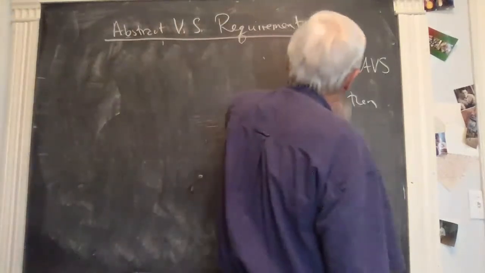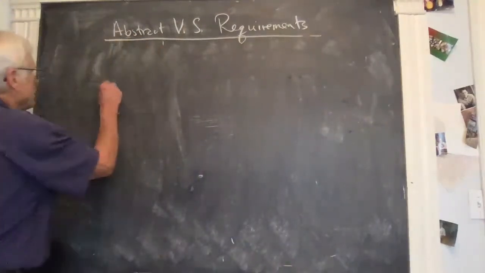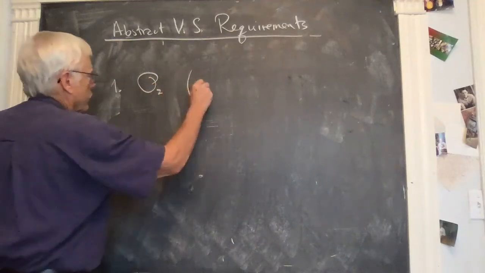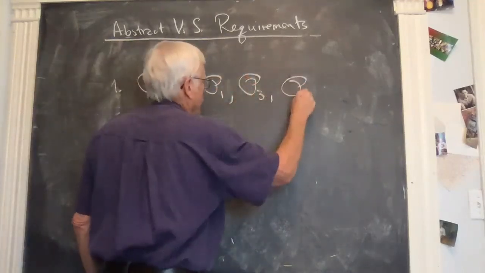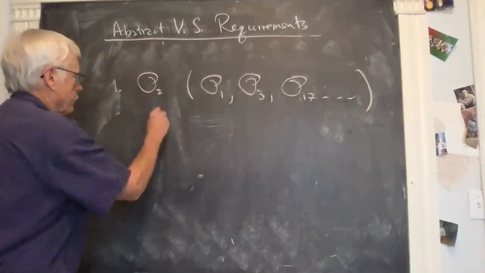And we're going to look at some specific examples. One is P2, and then others like that, P1, P3, P17, polynomial vector spaces.